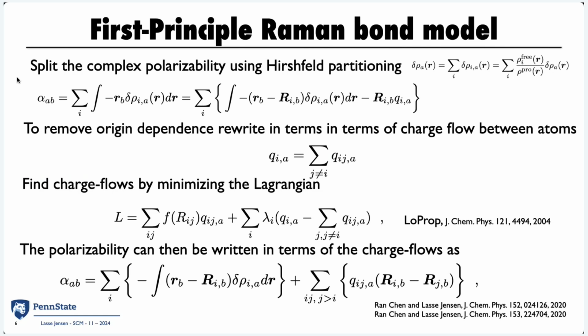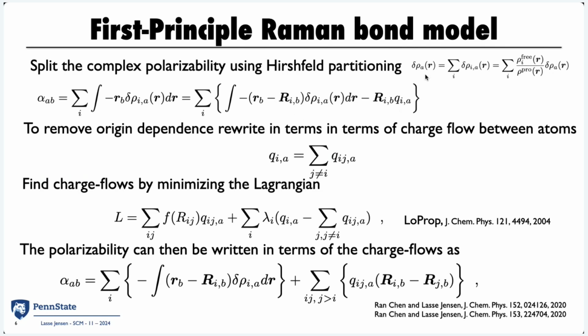The central quantity that we want to look at is the polarizability of the system. This is given by the induced charge density of the system due to the external perturbation. We can use Hirshfeld partitioning to split it into atomic contributions. This is what's done in the first term, where we get a term that depends on the atom position relative to the coordinate system, and then one that depends on the amount of electron density on that atom, which is the charge of that atom.